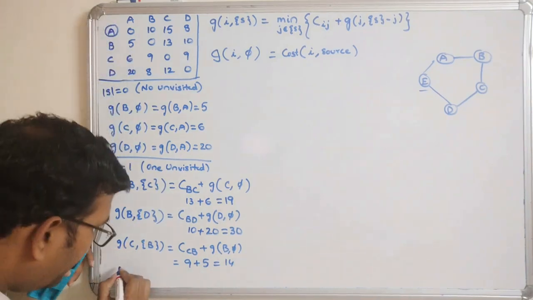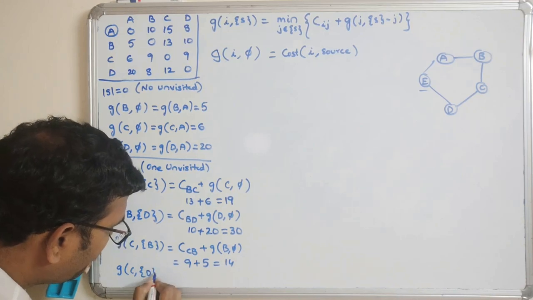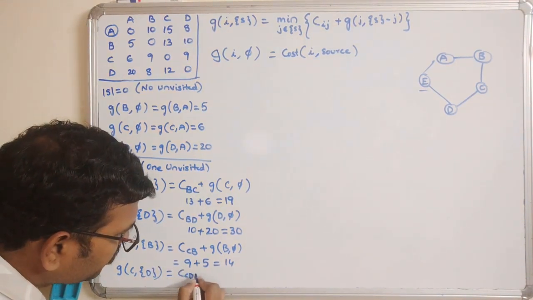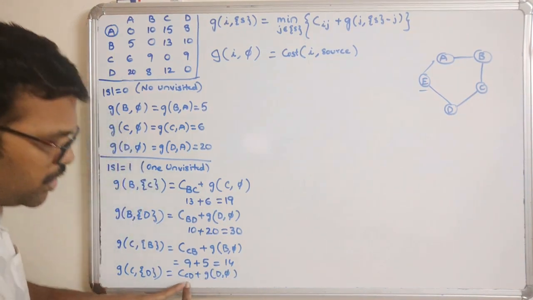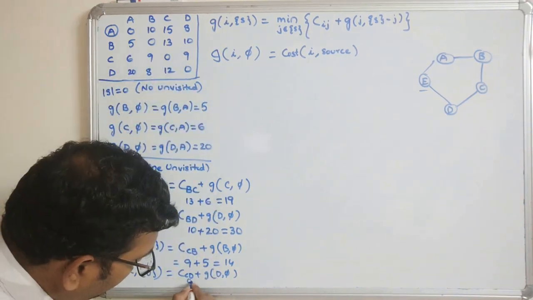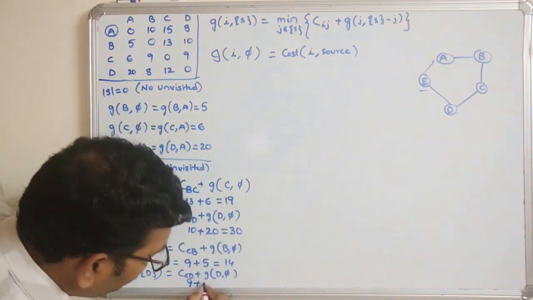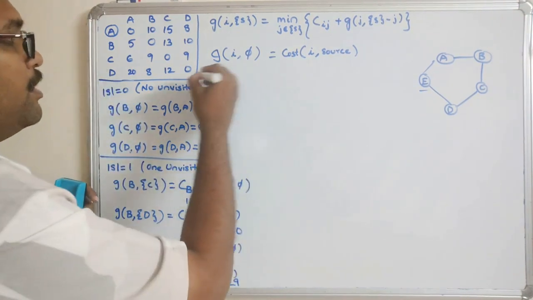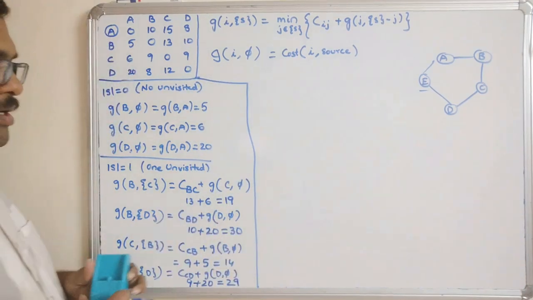And the next possibility, G of C comma D. If the unvisited vertex is D, so cost of CD plus G of D comma pi. The cost of CD is 9 plus G of D pi, 20, which is 29.